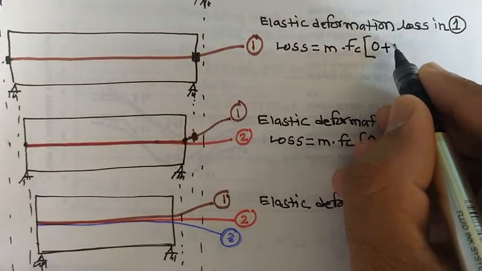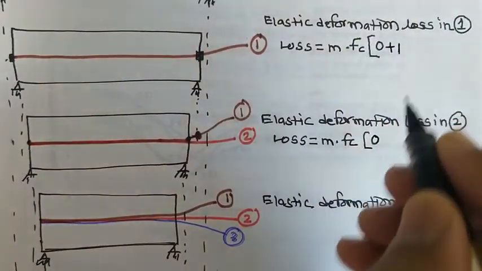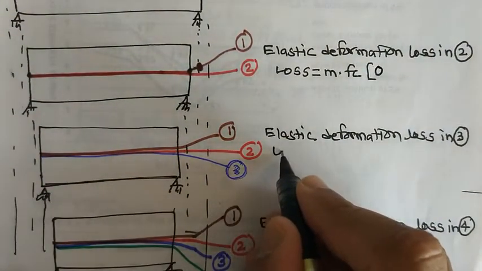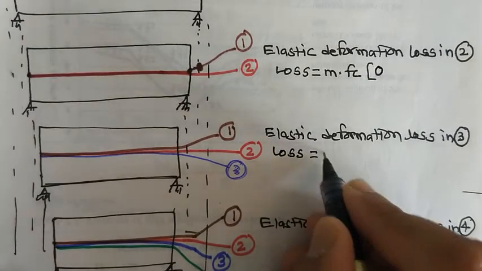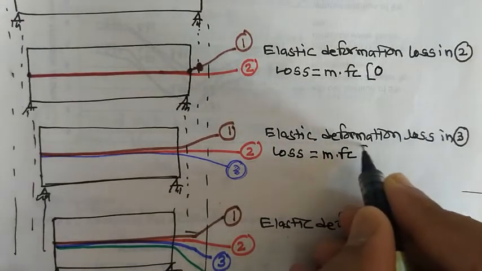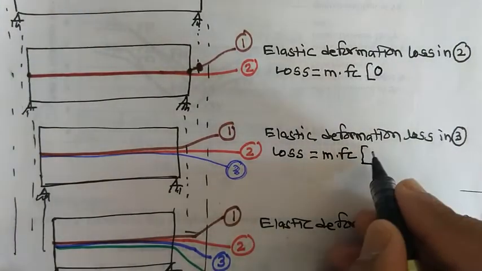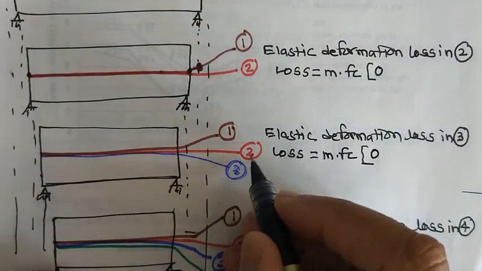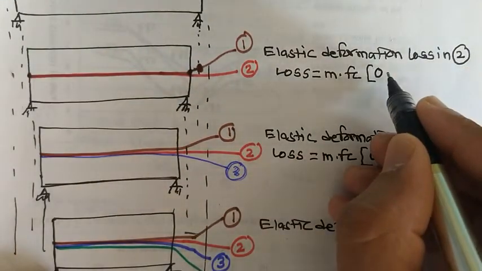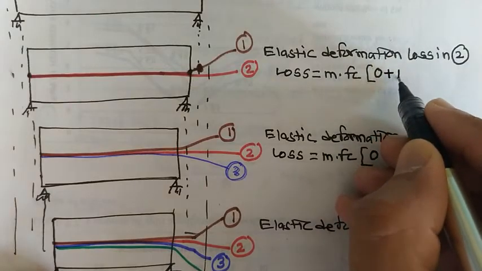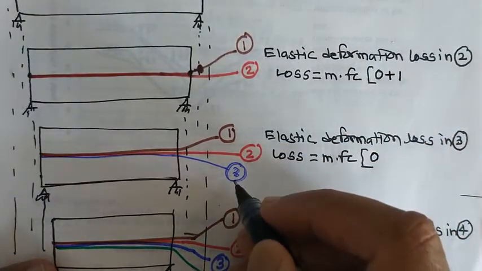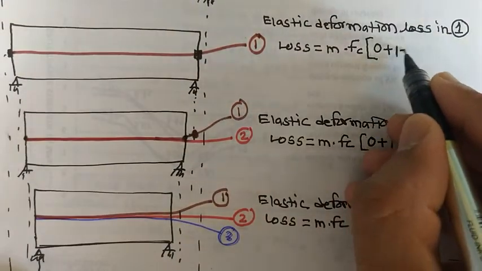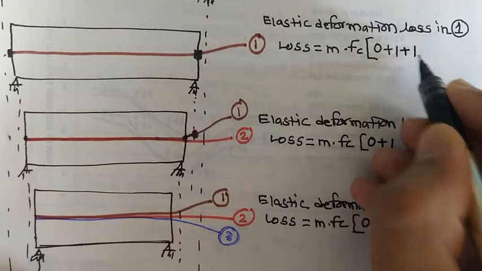You have to put 1 here. When you are stretching the third wire, the loss due to elastic deformation in the third wire is 0, but the second wire is subjected to the elastic deformation loss, so you have to put 1 here, and after stretching the third wire, the first wire is subjected to the elastic deformation loss twice.